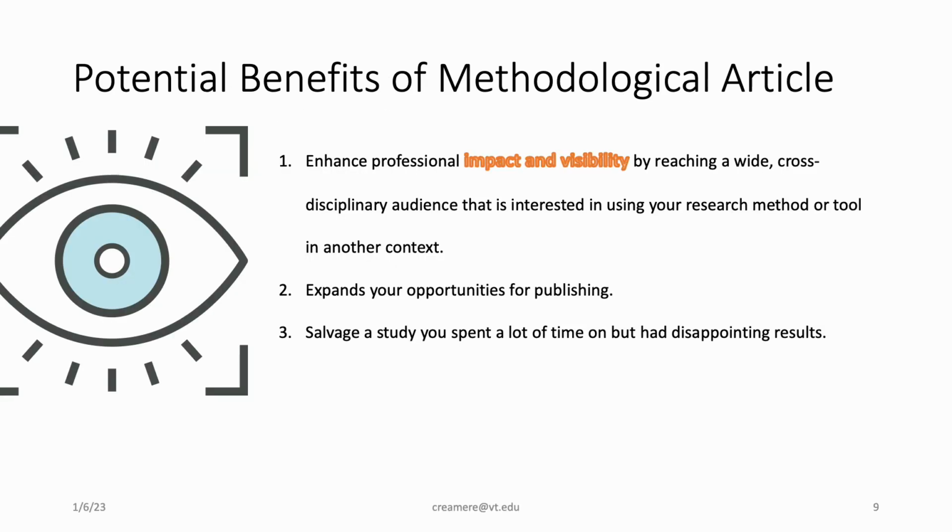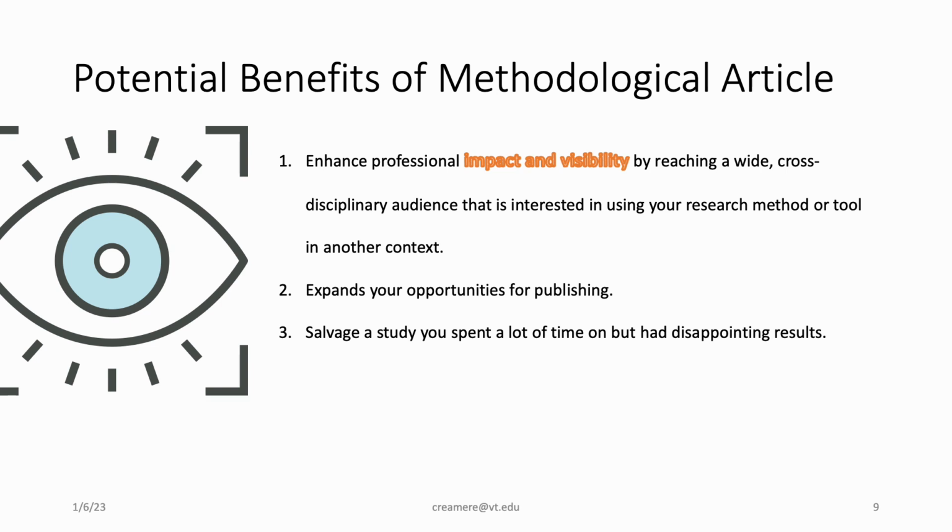Let's talk about some of the potential benefits of a methodological article. One, of course, is to improve the ability to generate multiple publications from a research project that are not duplicative. A second is to enhance the visibility and impact of your own work by publishing in different types of venues.